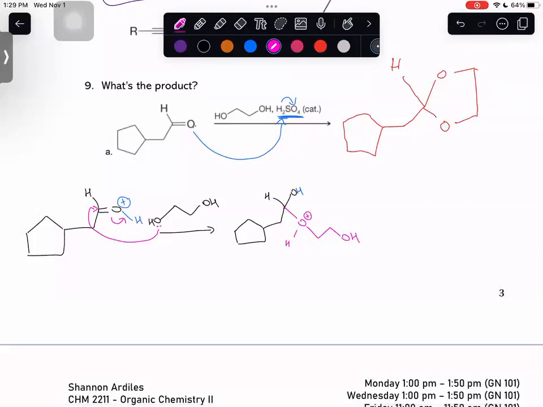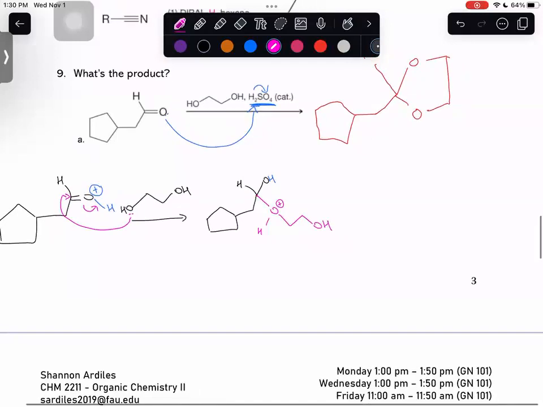Okay, so far we're good. So what do we think is going to happen at this point? The hydrogen on the ether leaves.